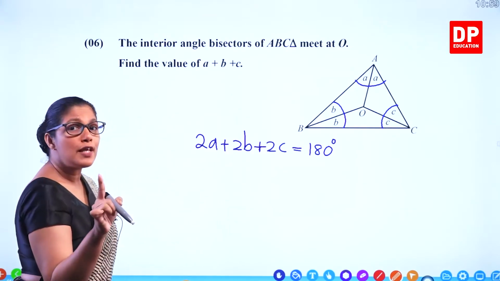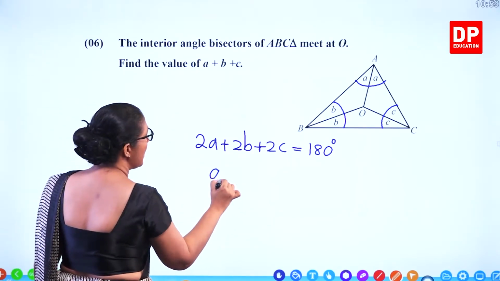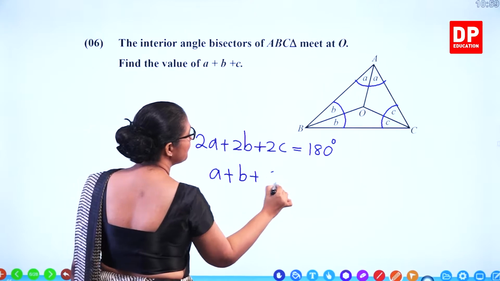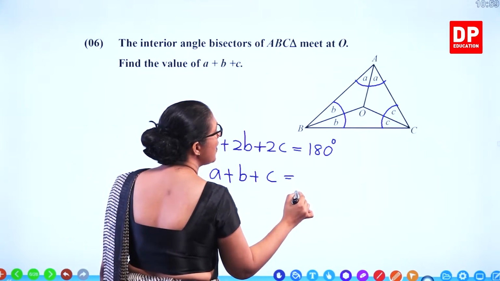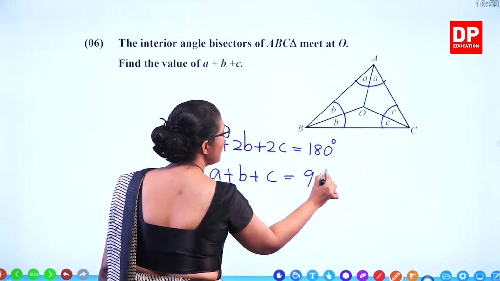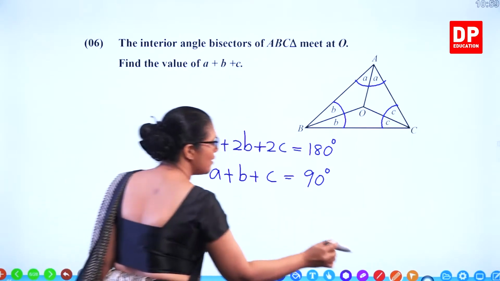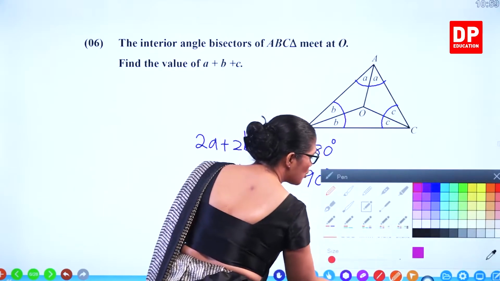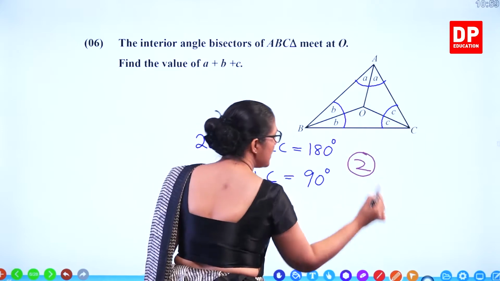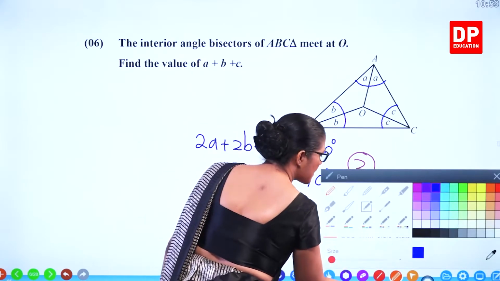So divide everything by 2. A plus B plus C is what? 180 divided by 2, 90 degrees. So straight away you get this value. So straightforward questions. Easily you can get full marks.